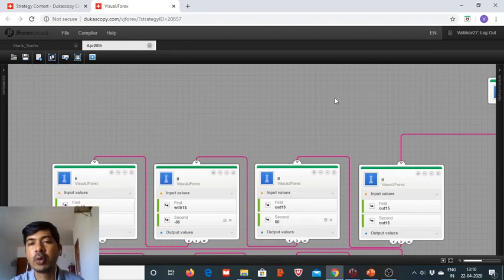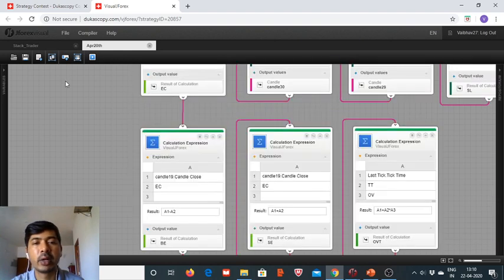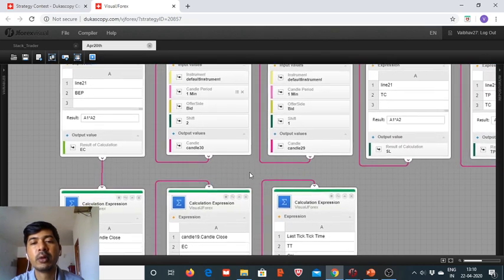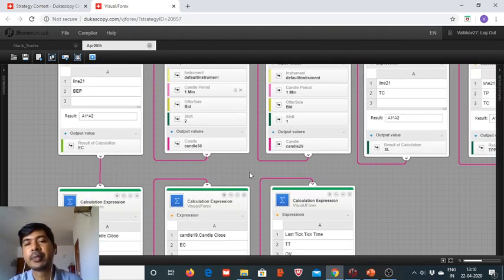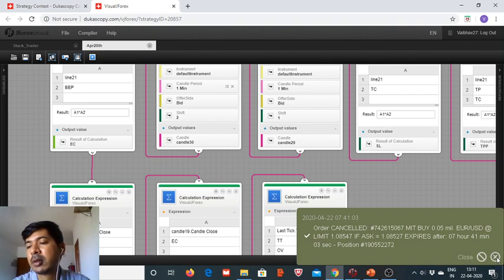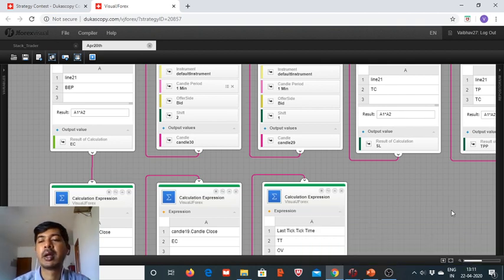So we'll take a look at the candle 30 and the candle 29's closing value. And here, these are 1 minute candles. We need the value to be rising, so we will need candle 29's closing value to be greater than the candle 19's closing value, and the candle 30's closing value should be less than the candle 19's closing value.